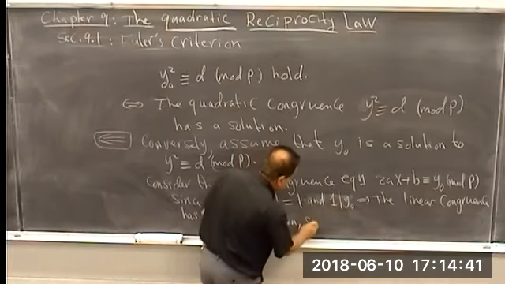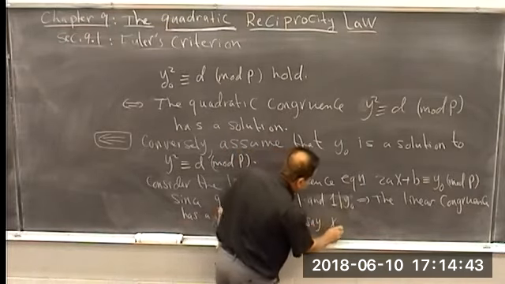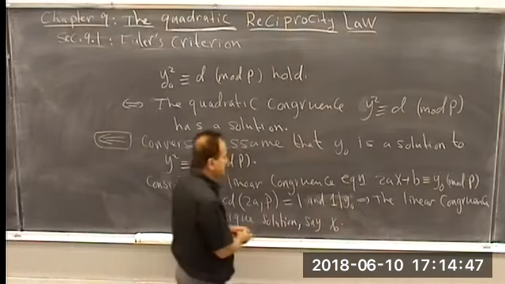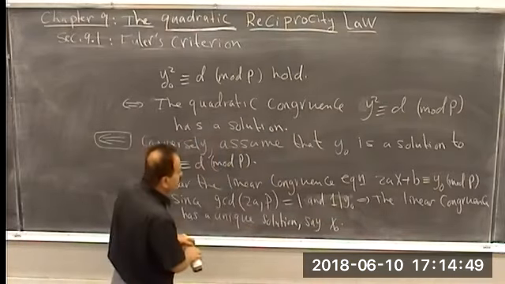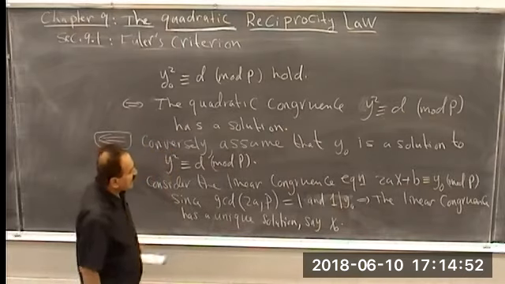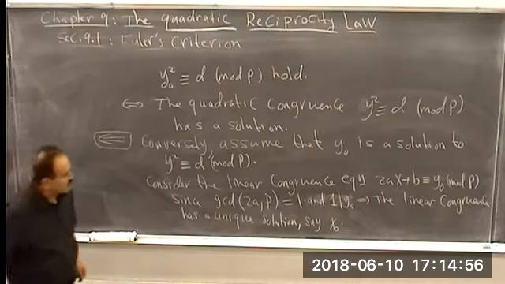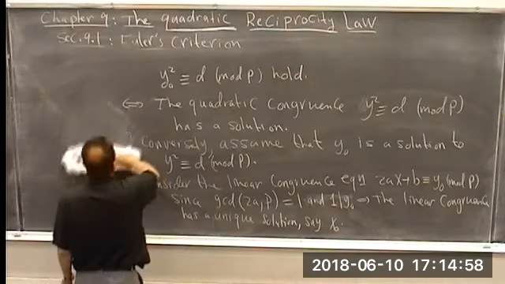Let's say x sub 0. So now I'm going to show that actually this x sub 0 is the solution for the original equation.